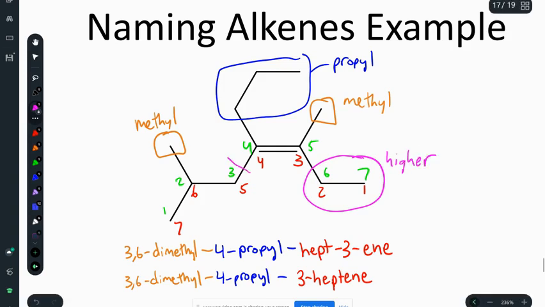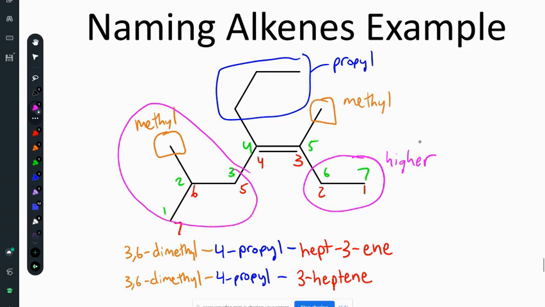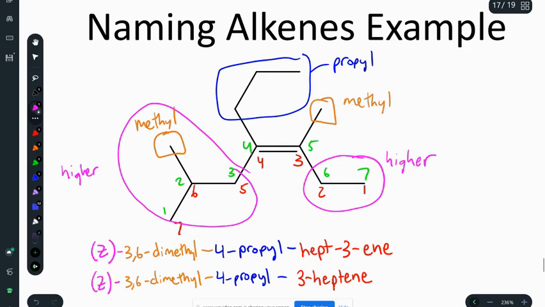On the left-hand side, I have this whole group, which would be higher priority than the straight-up propyl group. And so this is going to be a Z isomer. So my name would be Z-3,6-dimethyl-4-propylhept-3-ene.